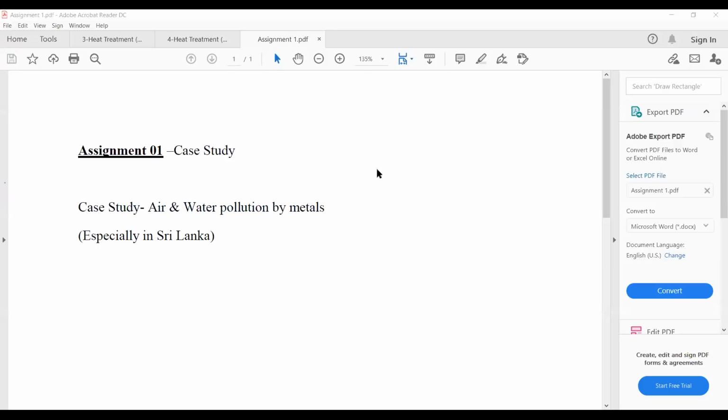That's it. Just a minimum of 5 points, 5 points is enough. If you like, you can write more than 5, but 5 points is enough. I will mark only the 5 points.